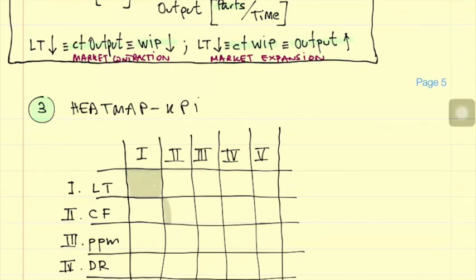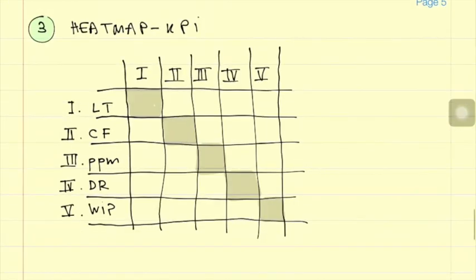Here we will not write anything. We shadow the diagonal. And then we ask the following question, okay?